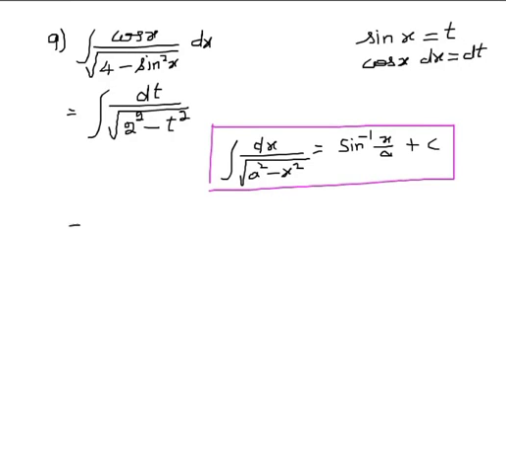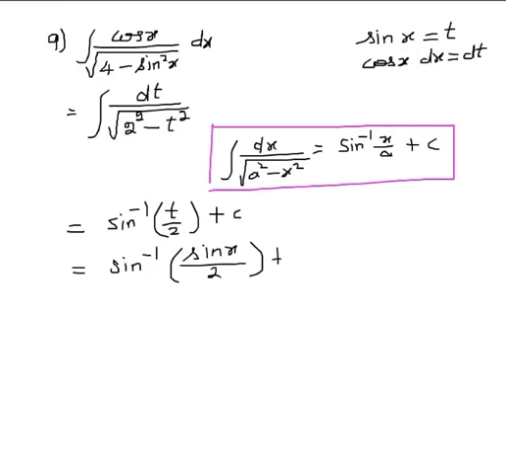Let us use this formula here. We get sine inverse of t divided by 2 plus c, and substituting for t, it is sine inverse of sin x divided by 2, plus c.